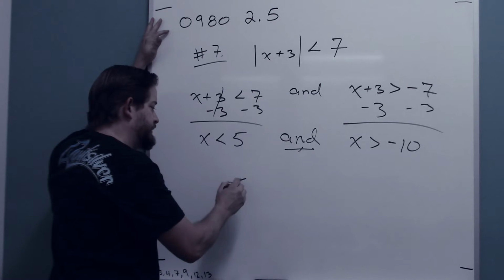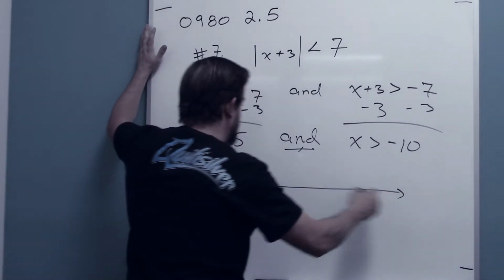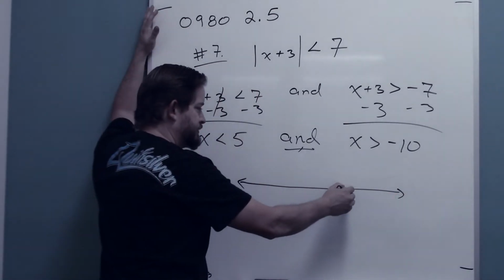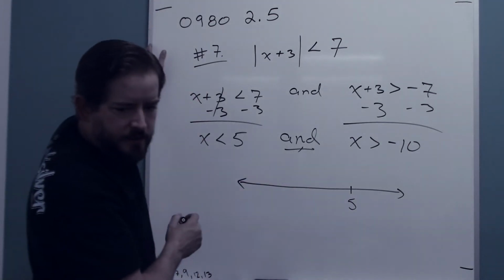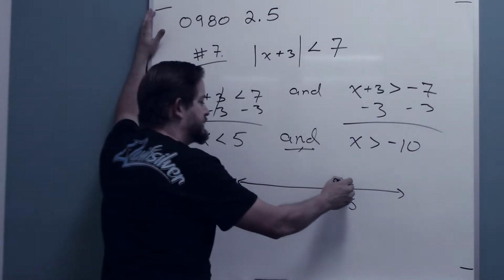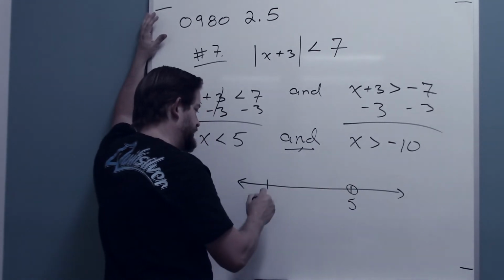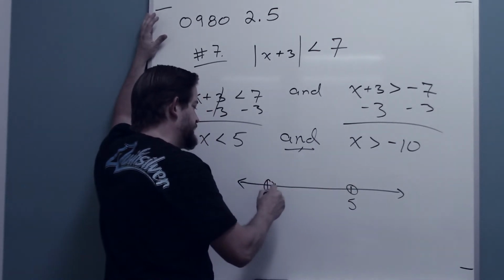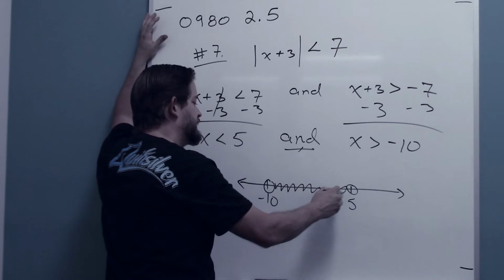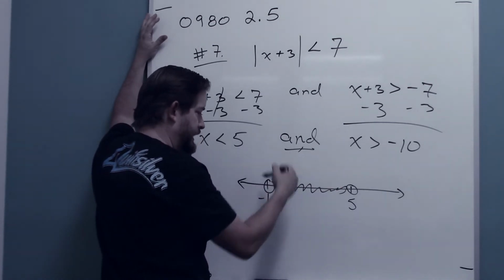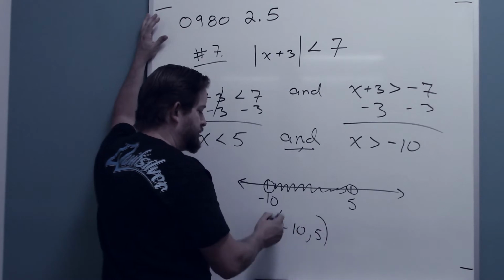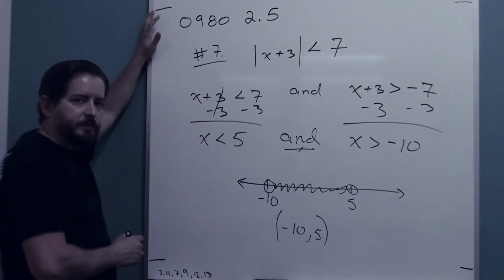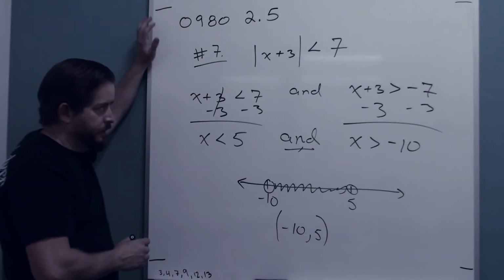So if I want to graph this, it's got to be less than 5, so call some point 5. It was a strict less than, unless I wrote it wrong, I didn't. Strictly less than 5, strictly greater than negative 10, so it's those numbers in between. There is no union. It's an and, so it's simply negative 10 to 5, parentheses on both sides. Okay, good.